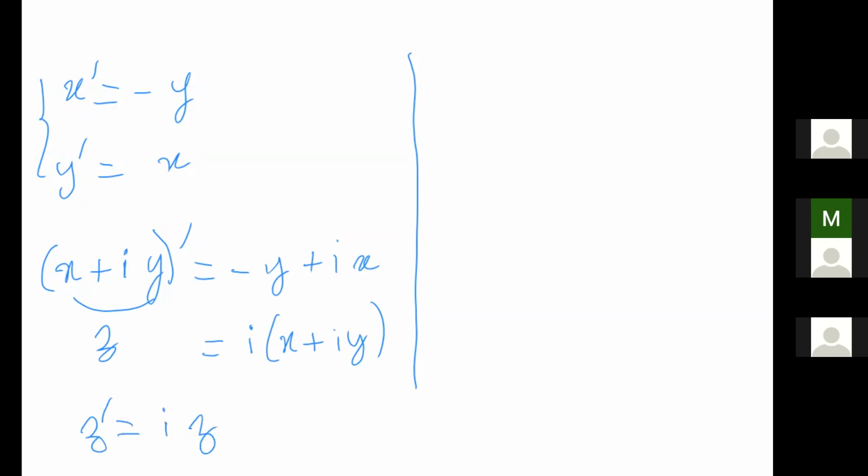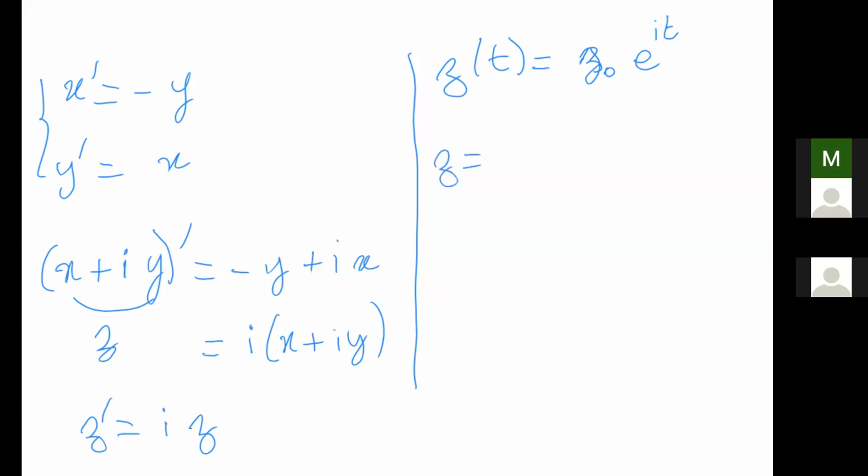So I can write z of t equals z0 exponential it. And I got the solutions here because this is just a trick that I did. Because z equals x plus iy, if I take the real part and the imaginary part of this quantity, I get x and y.